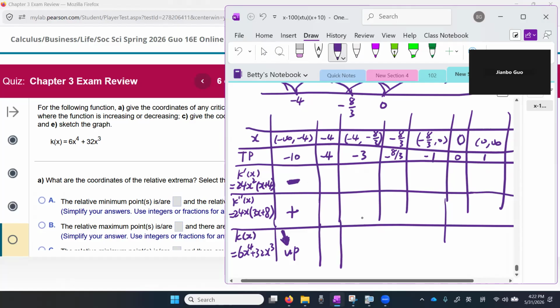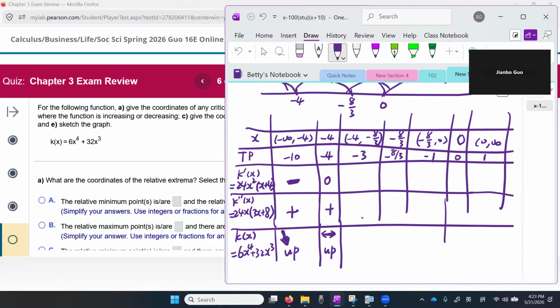When x equals negative 4, first derivative is 0. Second derivative is positive because negative times negative is positive. So the function actually has a flat horizontal tangent line and is also concave up.